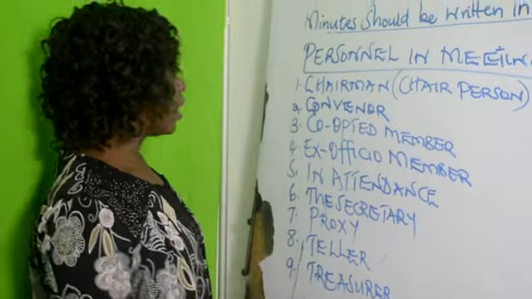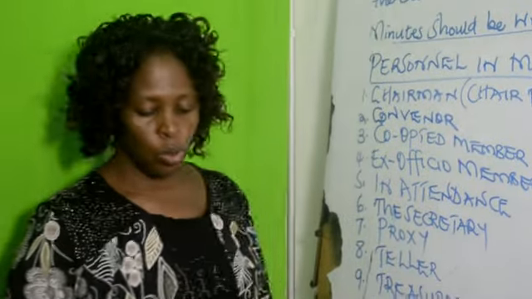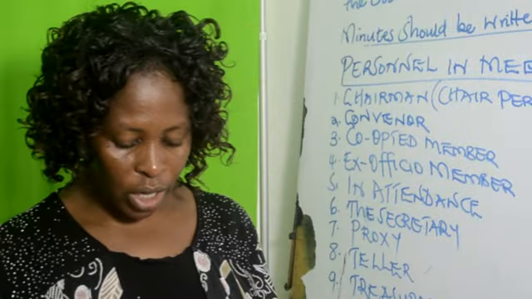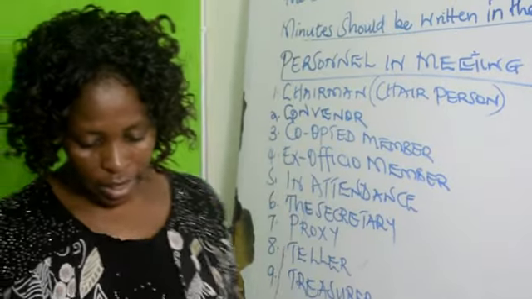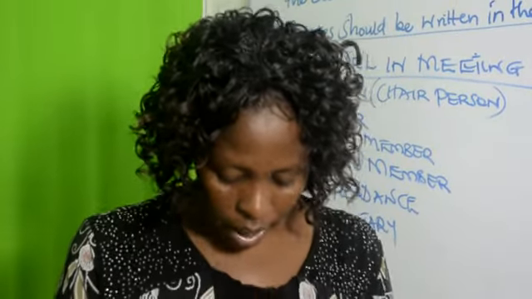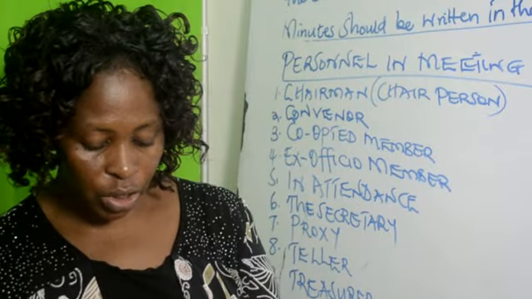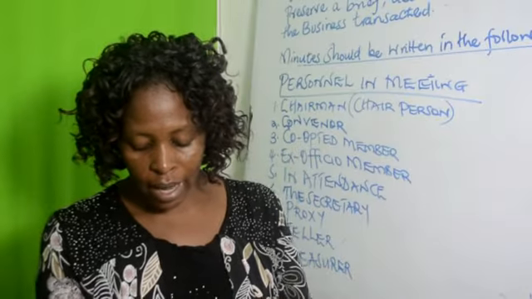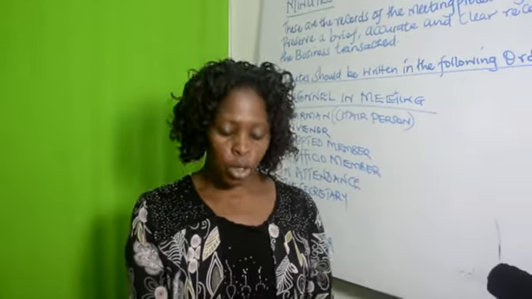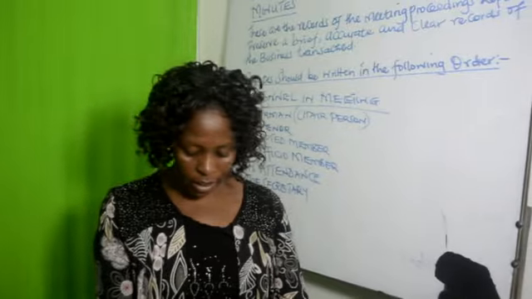So these are the main members who are supposed to attend the meeting, and all these members have a duty, a special responsibility in the meeting. So we begin with the chairman or the chairperson. One of the duties of a chairperson is to manage proceedings of the meeting and keep order.